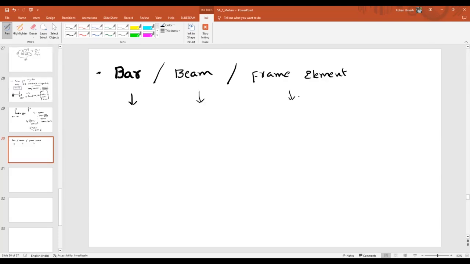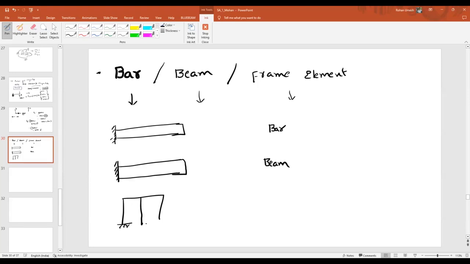What do you think? Will these three be the same or can they be different? What is the primary function of a bar? Suppose I take a bar like this, what is the primary function of this? Feel free to express your thoughts, guys. Nobody is going to score you here, it's just a learning platform. So just start from zero.